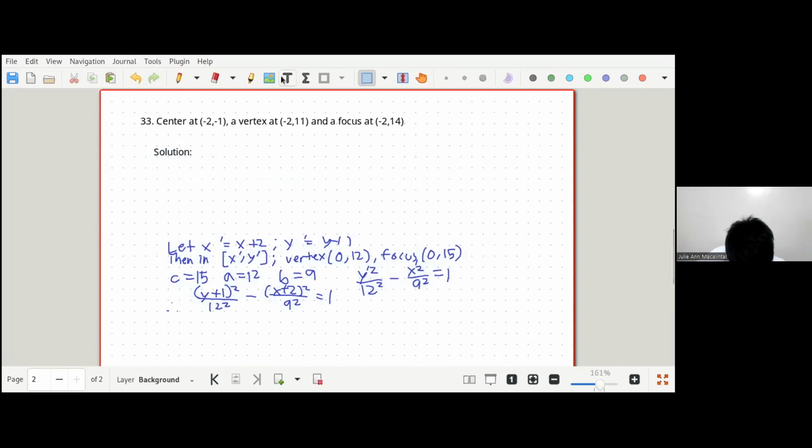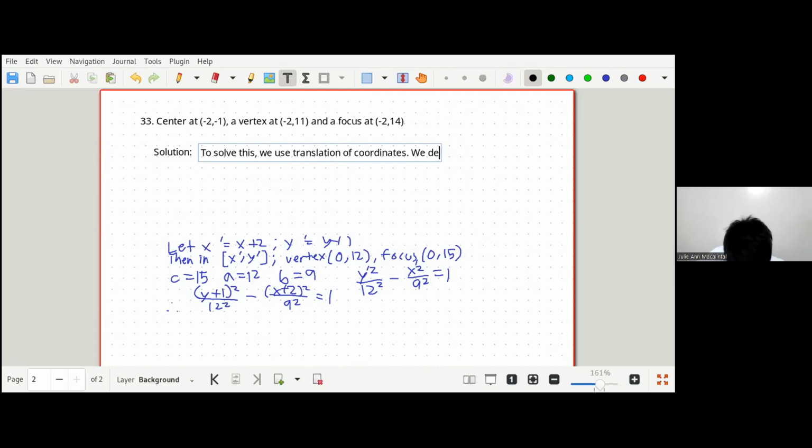And then, okay, so yung motivation dito. So, to solve this, we use translation of coordinates.